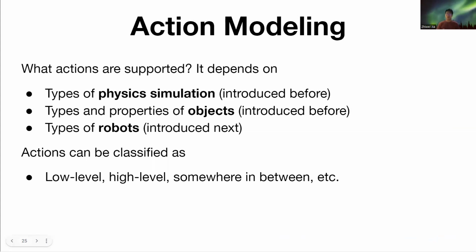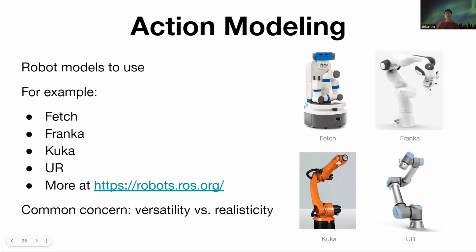Now let's talk about the third one, the robots. Here we list several popular robots used both in the real world and in simulated environments. Namely, they're Fetch, Franka, Kuka, and UR. Besides them, there's actually a very large number of robots available in the real world. You can check this link below if you're interested.